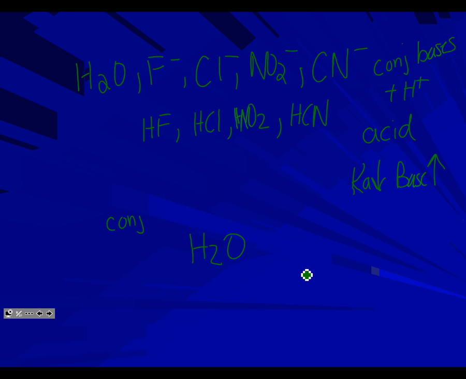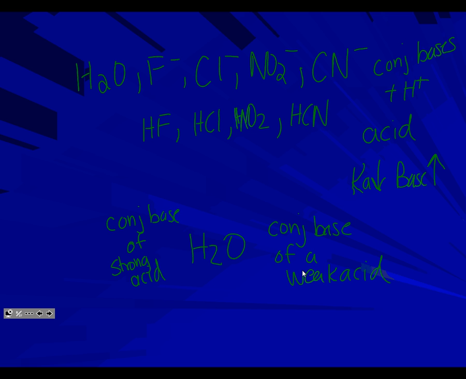Water is a better base than any conjugate base of a strong acid, but water is not as good a base as the conjugate base of a weak acid. So that'll help us organize a little bit.